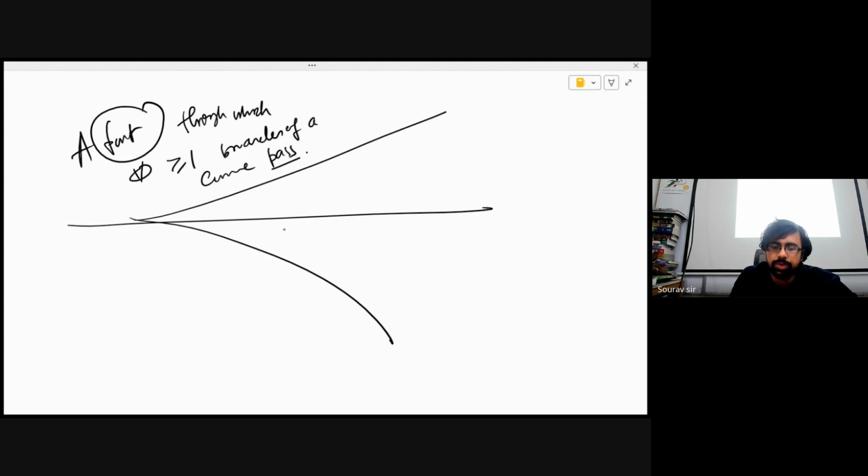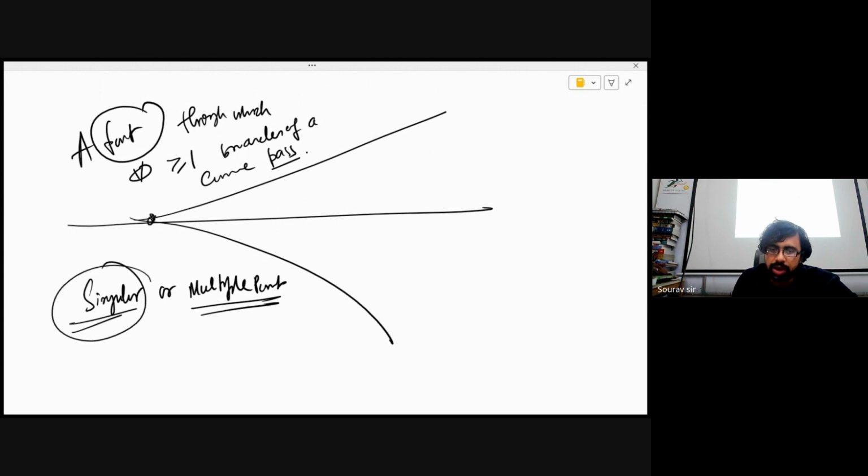Multiple branches of a curve. So that is called a singular point or a multiple point. Singular or multiple point. Singular with respect to a single point, multiple with respect to multiple parts of a curve going through. Meaning we can name it in two ways.